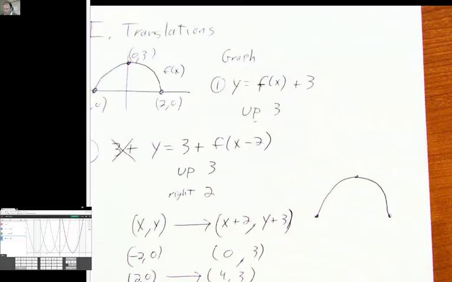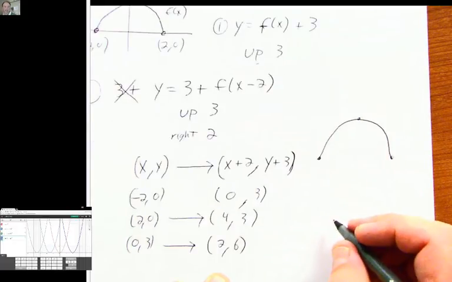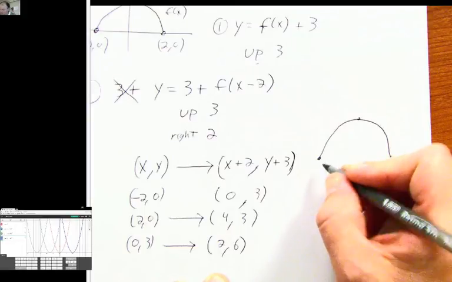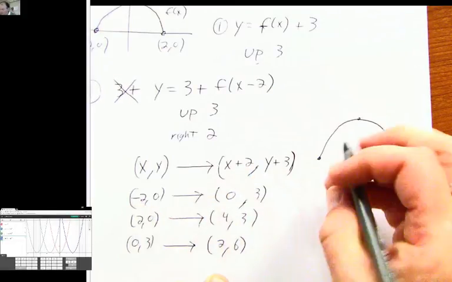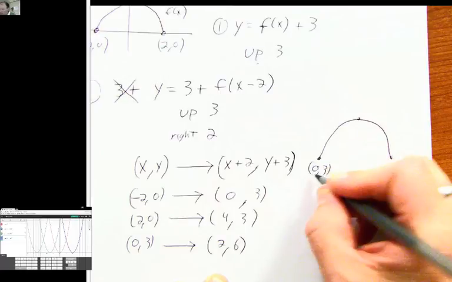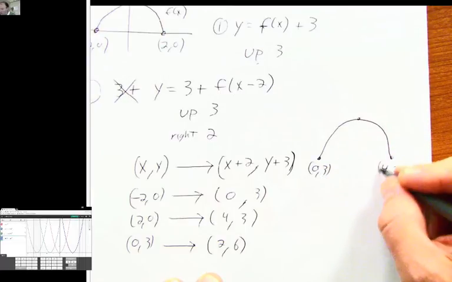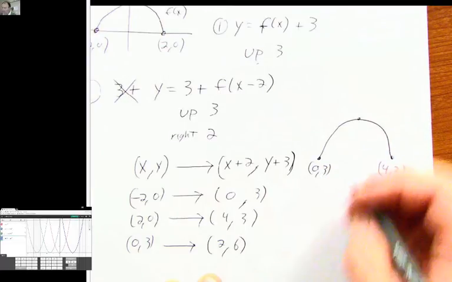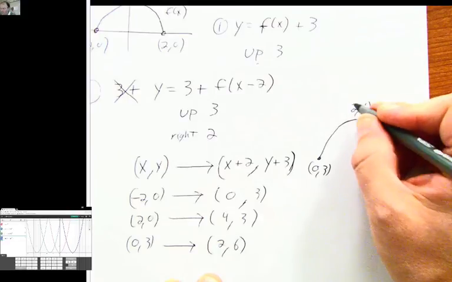And the point 0, 3, if I add 2, becomes a 2. If I add 3, becomes a 6. Then I could just go and manually put in all these coordinates. So the negative 2, 0 became 0, 3. The 2, 0 became 4, 3. And the 0, 3 became 2, 6.